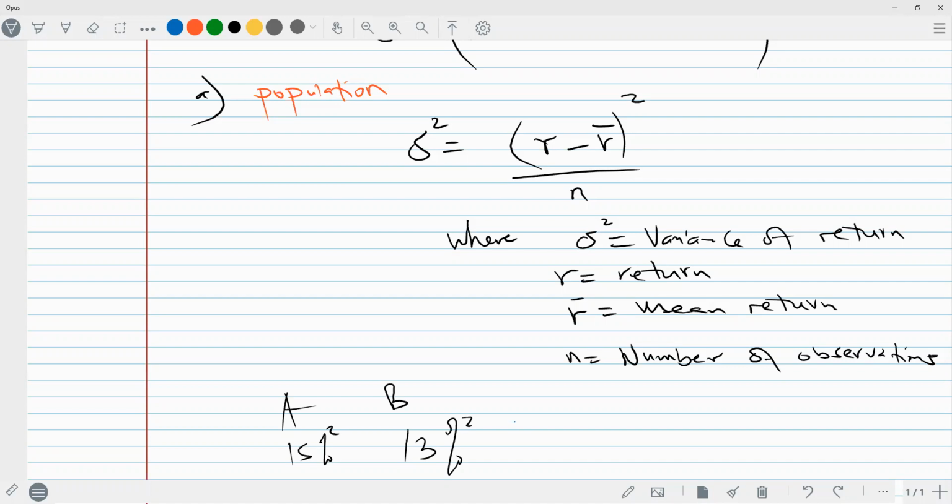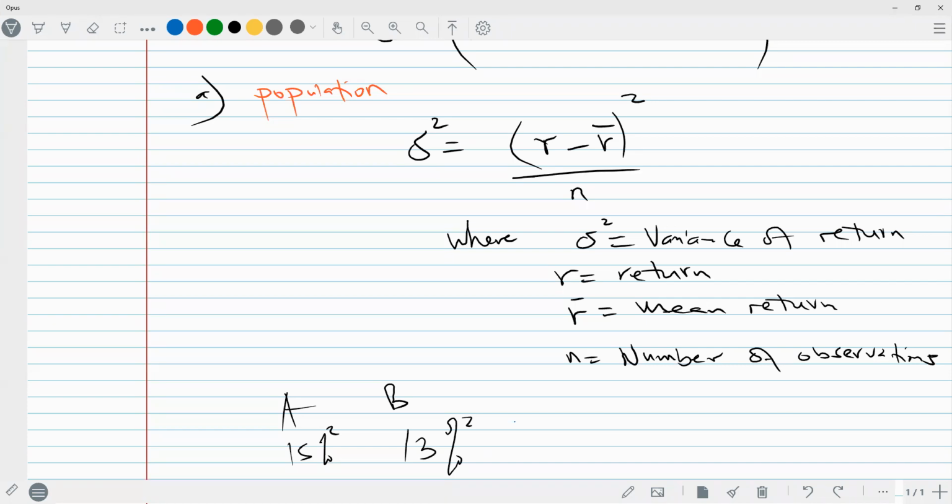A. Of course, A. It means therefore there's more deviation from what we're expecting. Of course, if you're expecting to get 10 and get 10, you'll be really happy as an investor. But in case you're expecting to get 10 and you get 13, of course you'll be happy because this is a positive risk. But don't forget, you can also go the other side. You can expect 10 and end up getting 5.